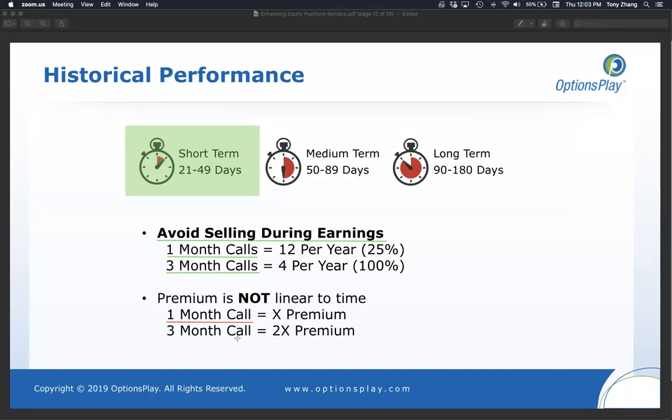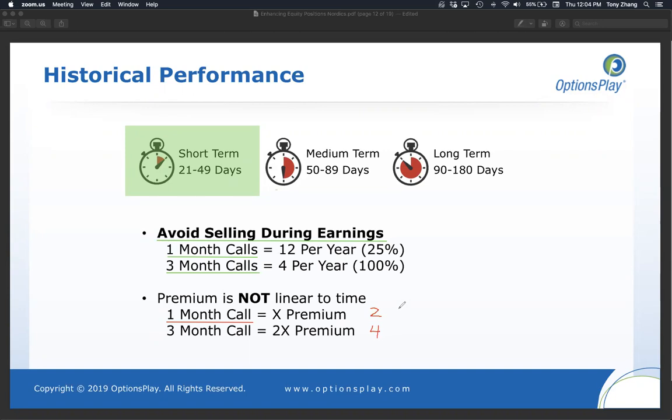When you go to the same option chain and you look for a 3-month call, you can't expect to get paid 6 crowns for that just because you're going out 3 times the amount in time. We tend to find that you only get paid 2 times. So if you get 2 crowns on a 1 month option, you're not going to get 6 crowns for a 3-month option. You're only generally going to get 4 crowns.